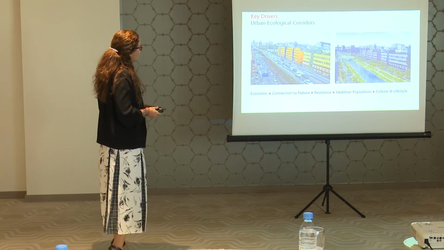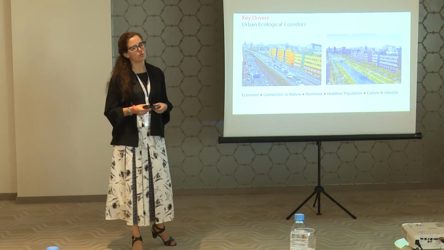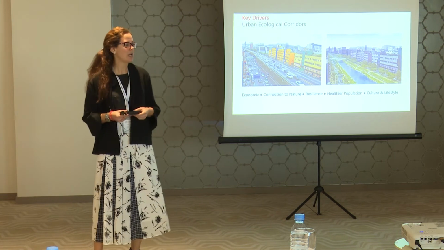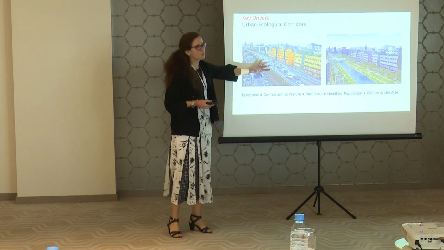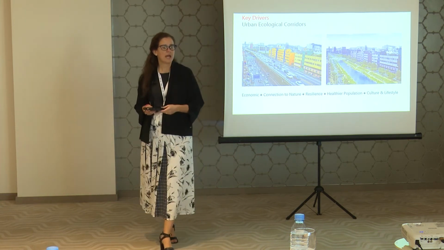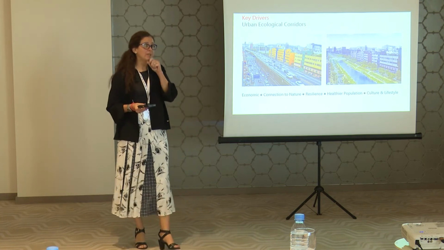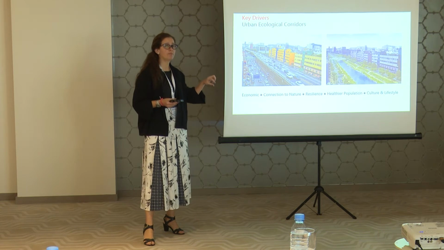So this is one of the best known examples, which is Seoul, Cheonggyecheon. And this that you see here was previously a river. This is in Seoul, Korea. It had a lot of issues with pollution, the river.